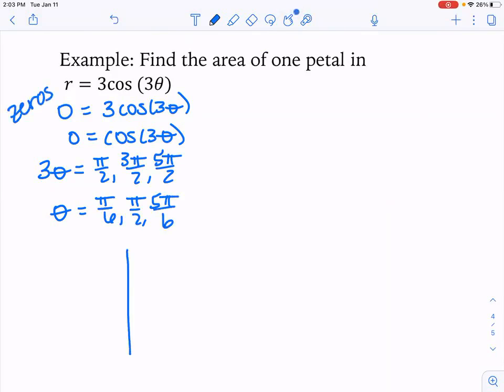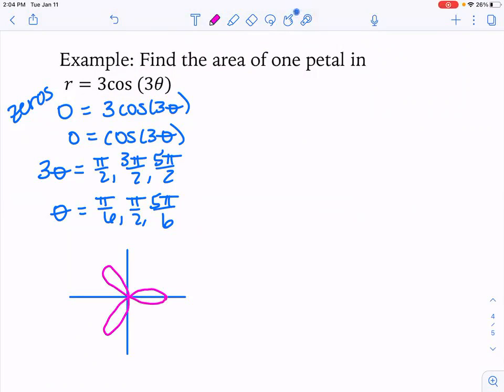Now, when we plot this, we start here. That's our curve. So we can do one of two things.